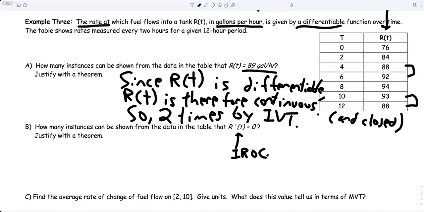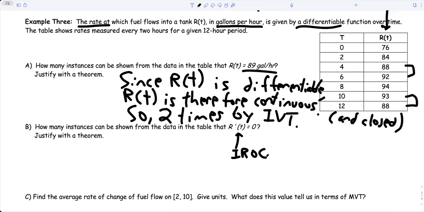I'm open to your suggestion. Don't complicate it. Yes? You wanna try? Well, if I do 88 minus 76, will the average rate of change be 0? It will not, and that's what I want. But you're kind of on the right track. Let me ask you this.